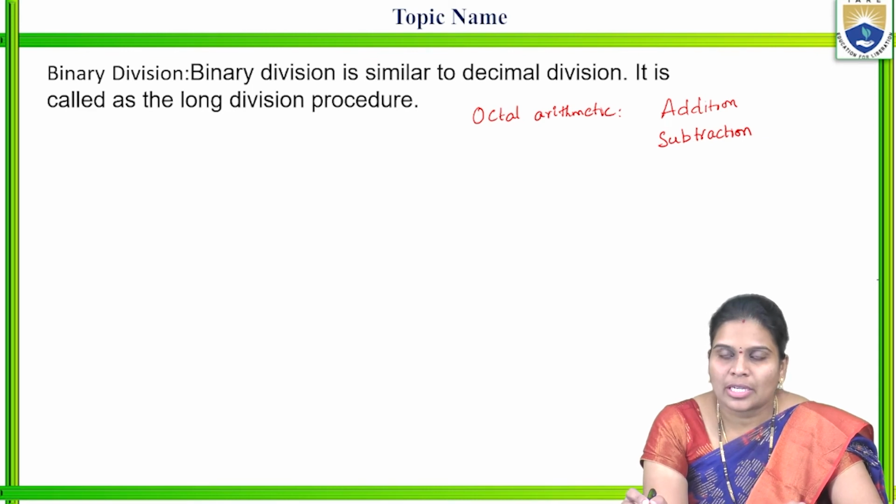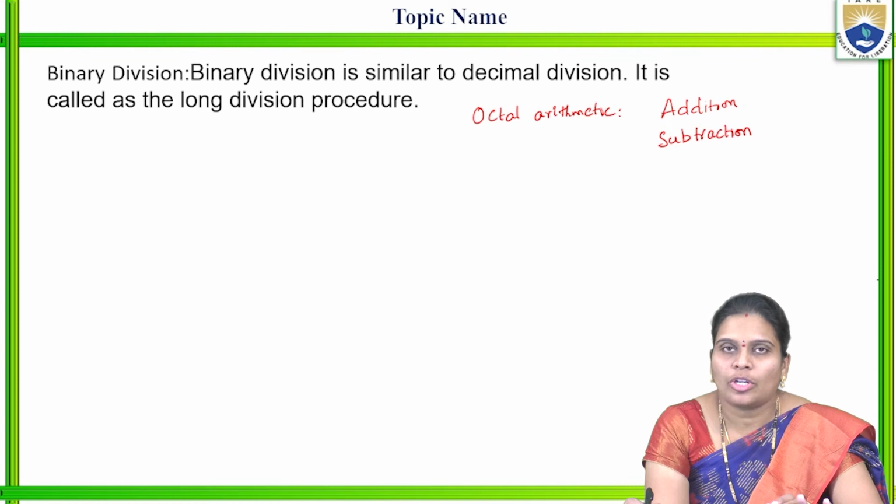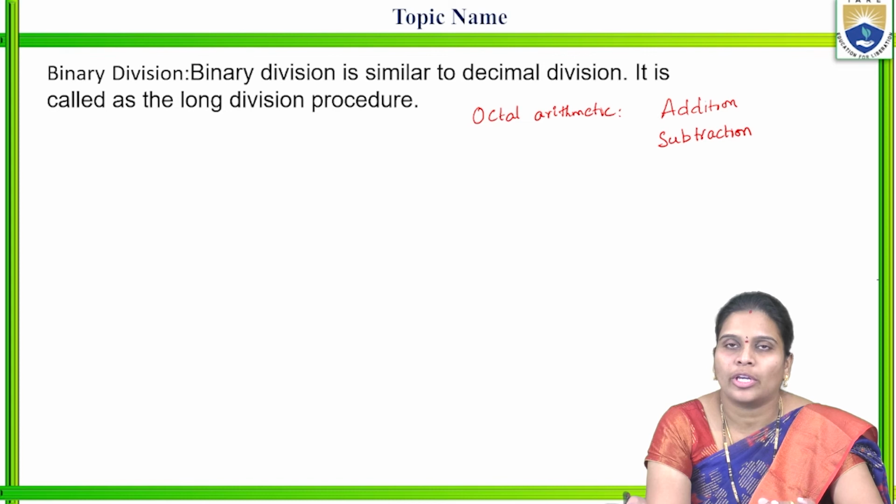First we will discuss the octal addition. In octal values we have only the digits 0 to 7. In octal, the base value is 8. Coming to octal addition, here we take 3 bits.